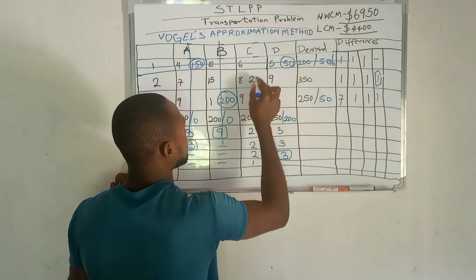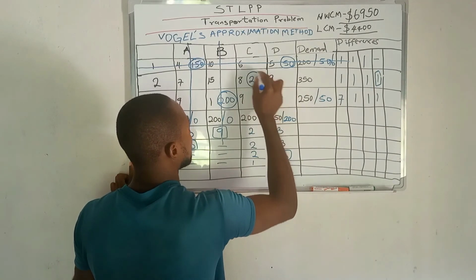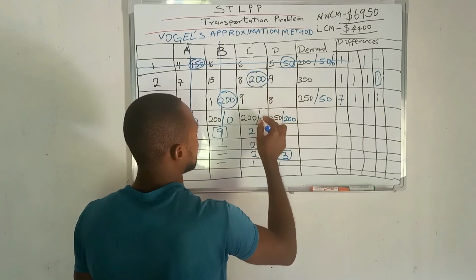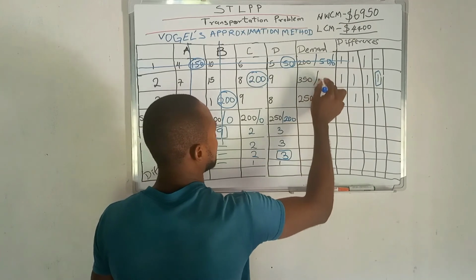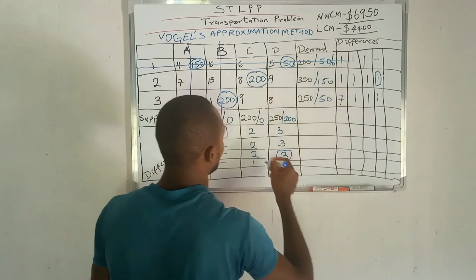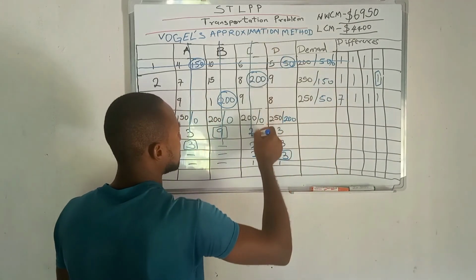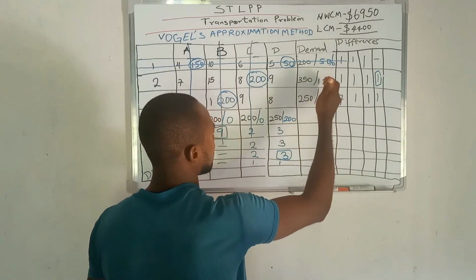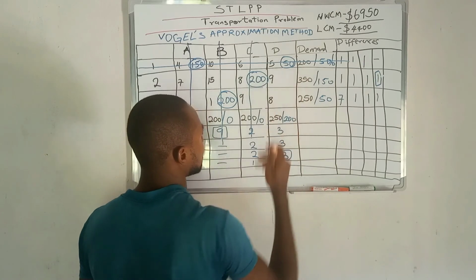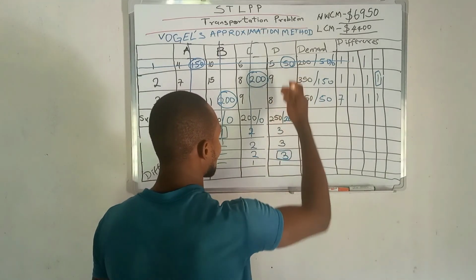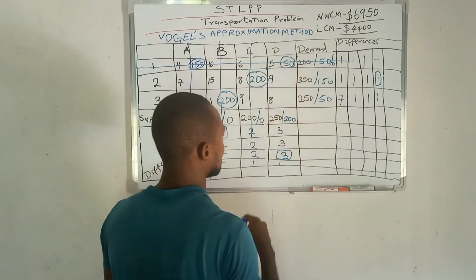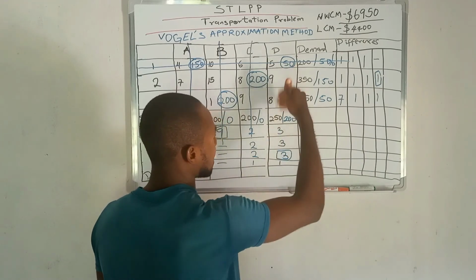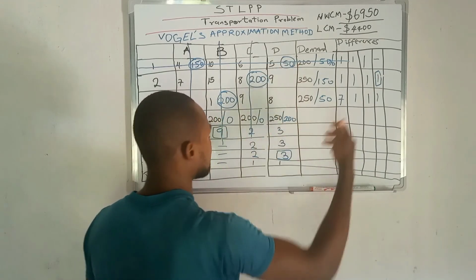So we supply 200 to them, and then we have 150 remaining here. So C has already been satisfied, and then we have just this and this remaining. So right here, we do the same differences again.